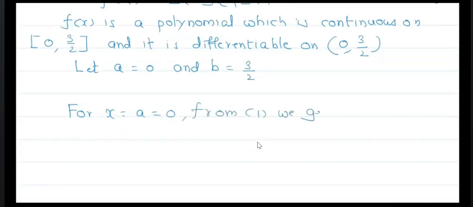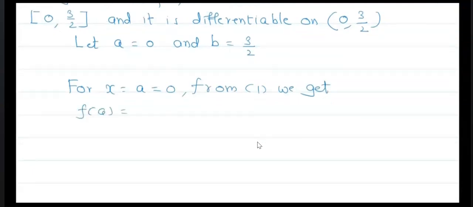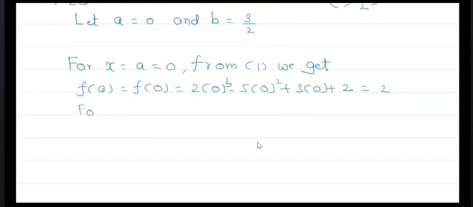For x equal to a, that is f of a equals f of 0, that is 2 into 0 squared minus 5 into 0 plus 3 into 0 plus 2.